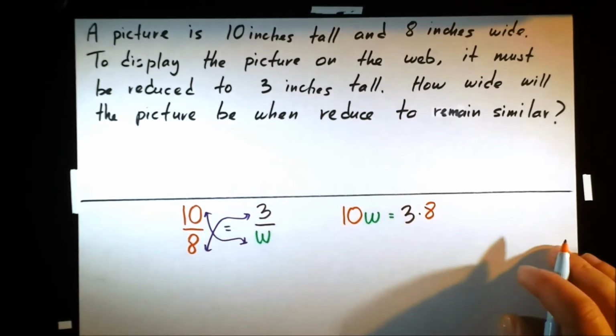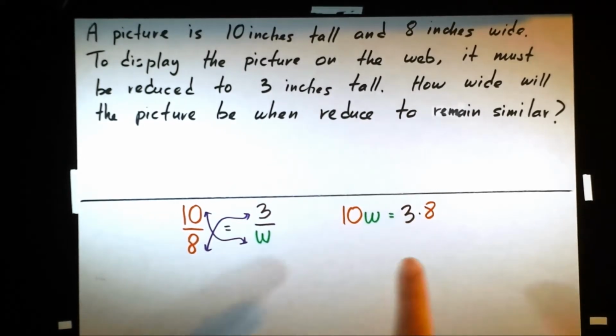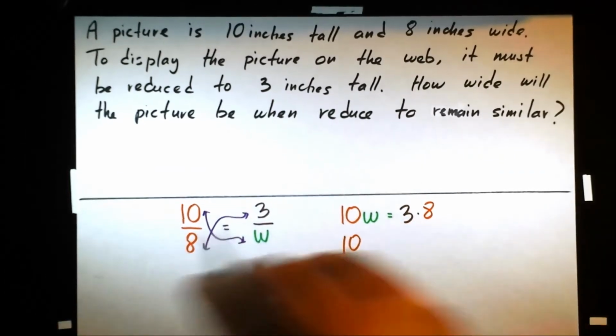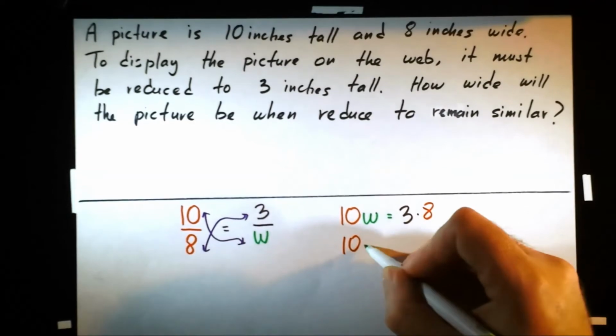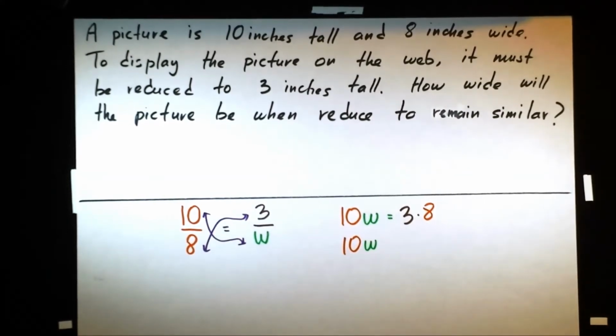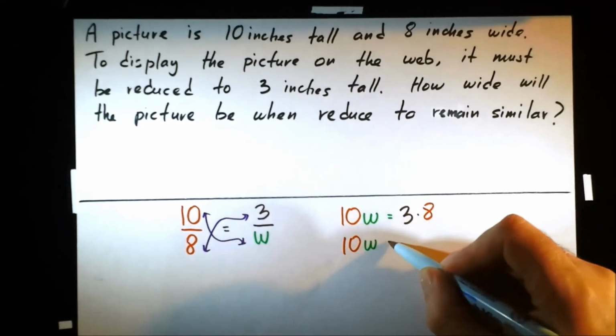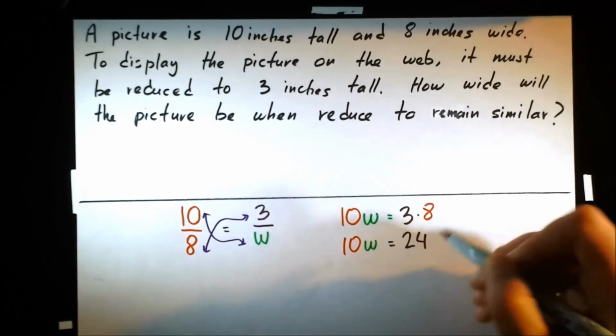All right. What's 3 times 8? It's 24, of course. So I have 10W equals 24. What do I do next?